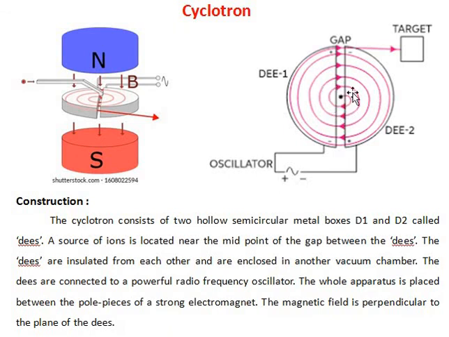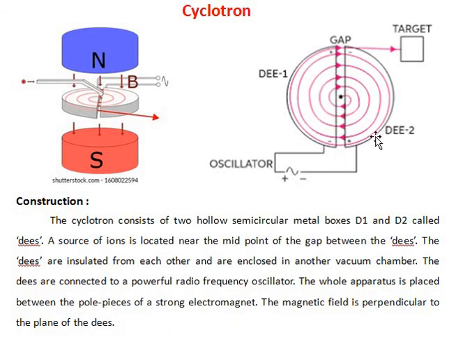The two Ds are connected to the high frequency radio frequency oscillator, which is so adjusted that if D1 is positive, then D2 is negative, and when D2 is positive, D1 is negative. In the cycle of alternating current, the polarities are always changing.